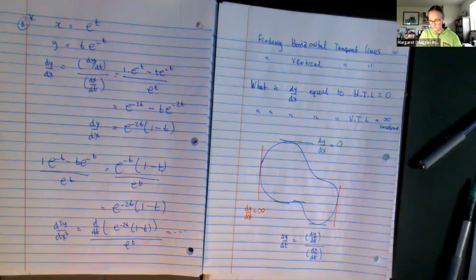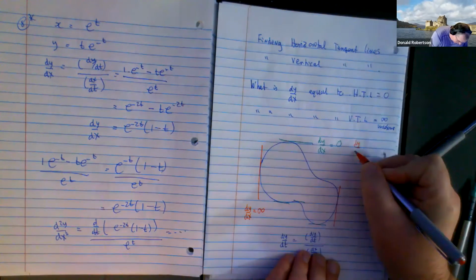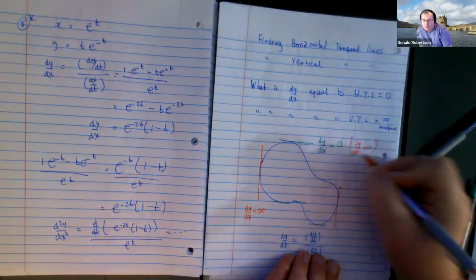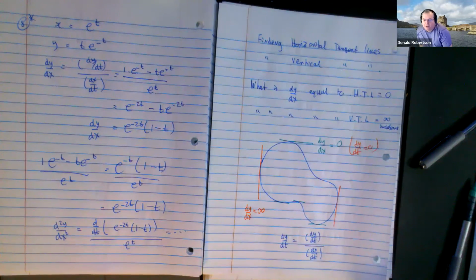Right? You only need the top to be 0. So if you are trying to find when a parametric curve has a horizontal tangent line, don't you only need to find when dy by dt equals 0? You don't care what the other one is doing because it doesn't really matter.